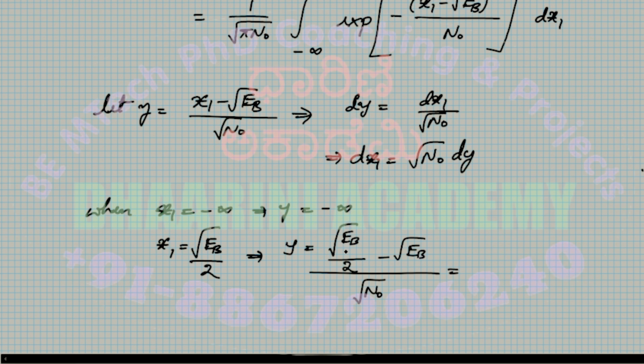So this is going to be minus of root Eb by 2, and in the denominator I have a root N naught, so I'll take that also inside the root, because the numerator is also root Eb and the denominator has a root N naught, so they can be clubbed together. So I'll directly write the answer. It's negative: minus half times root of Eb by N naught. Right, so this is the upper limit.